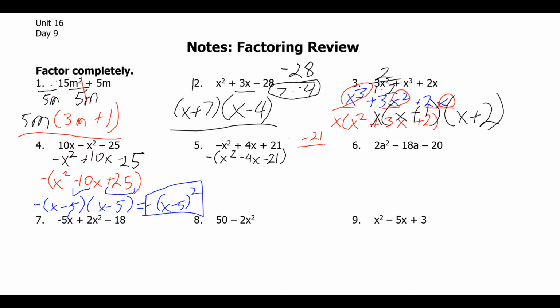If I go, say, negative 7 times 3 or negative 3 times 7. Which one of those two am I going to pick? Well, what I should pick is negative 7 times 3, because negative 7 plus 3 is going to be negative 4. So what I'm going to be left with is negative on the outside of x minus 7, x plus 3.